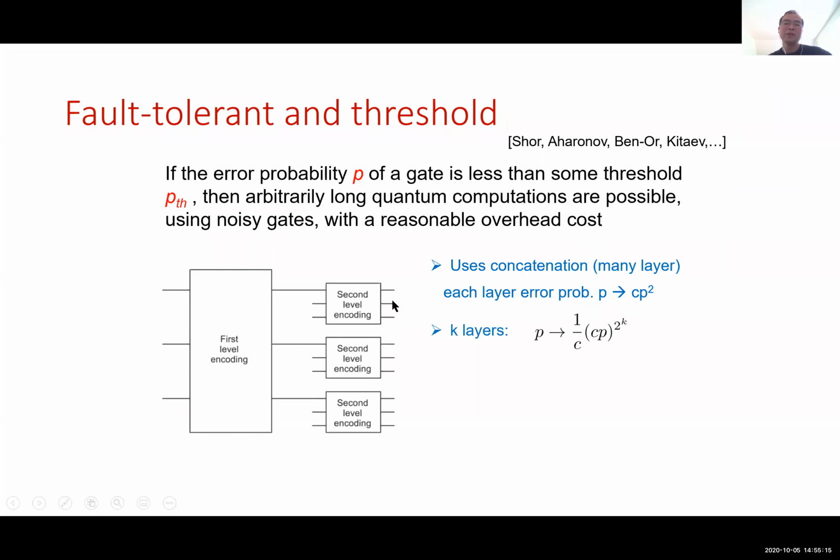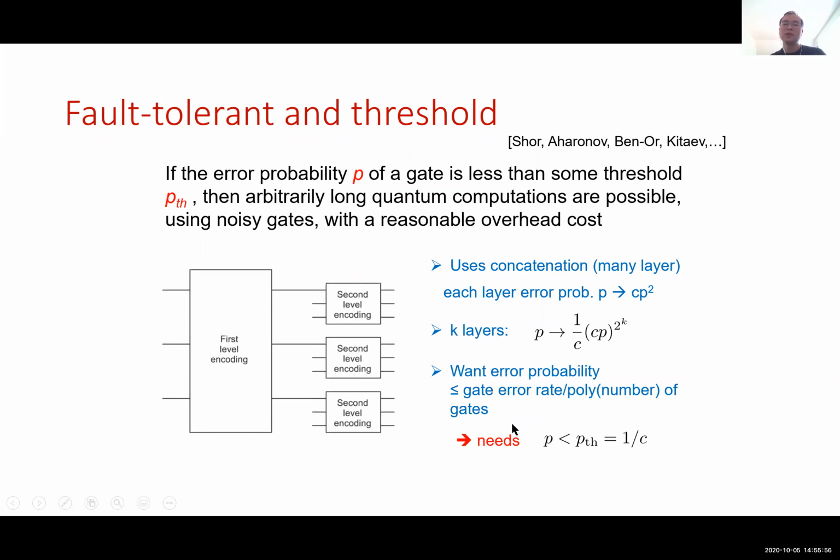And if you have K layers, you can see that this reduction goes from the bare physical level P to P to the 2 to the K. And that means if P is smaller than C, then this would be decreasing. So basically just look at the bracket here. If this combination is smaller than 1, then the more layers, meaning the more power in the exponent, this number will become much smaller.